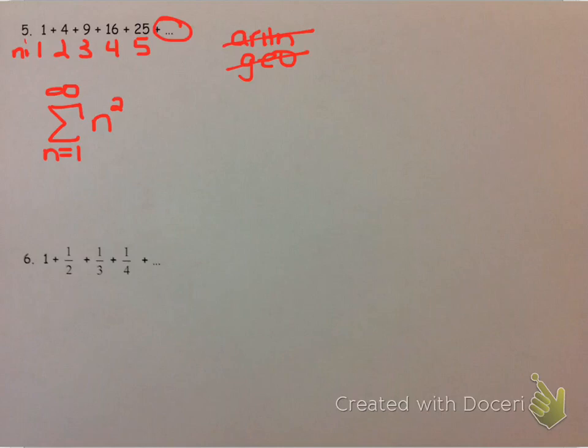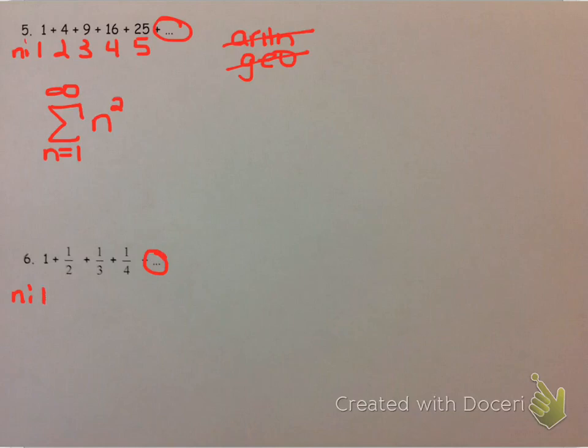And the same thing's going to go with this one. This one is what we call harmonic. It looks like you've got a convergent geometric, but you don't, because you're not multiplying by a common ratio that's making your numbers get smaller. So once again, you rule out arithmetic and geometric, just process of elimination.